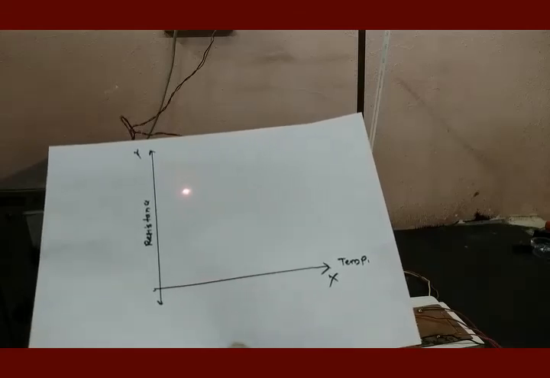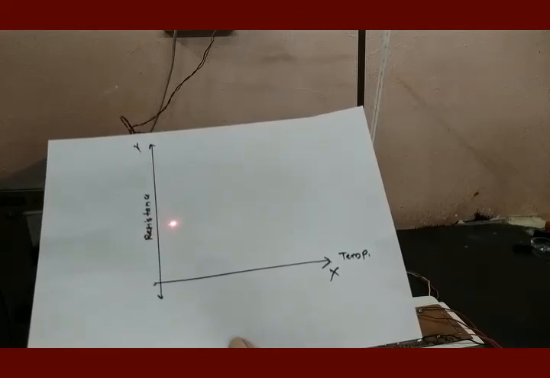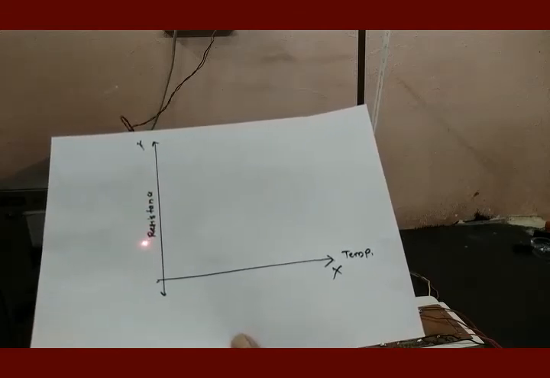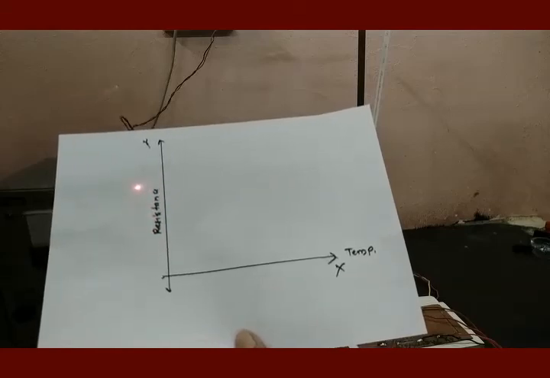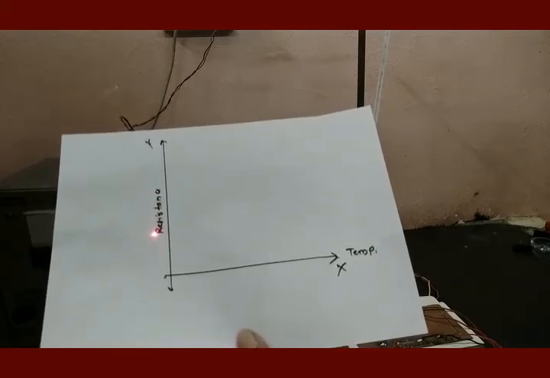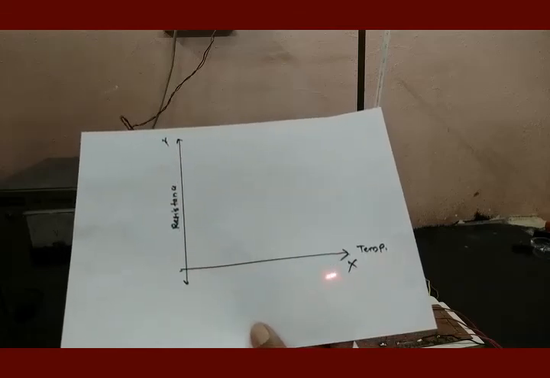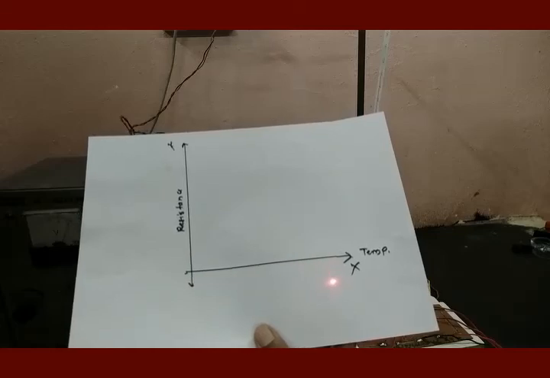As temperature is varied, current varied, voltage remains constant, that varied this resistance, and therefore resistance is the dependent variable. So resistance in kilo ohm is taken on y-axis and the temperature in degree Celsius is taken on x-axis.